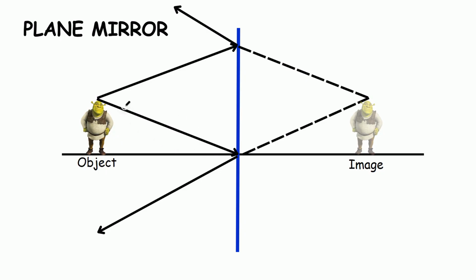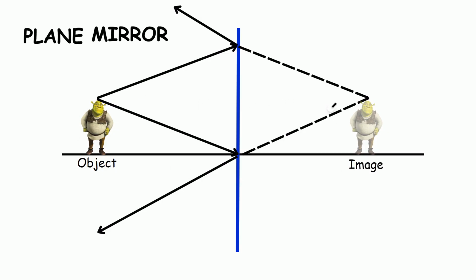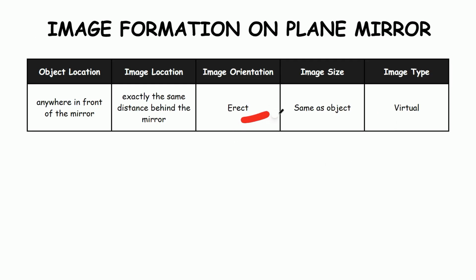Basically, whatever your object is, that is your image. Same size, same erect and virtual, same as the object. The image location is exactly the same distance behind the mirror as the object is in front of the mirror.